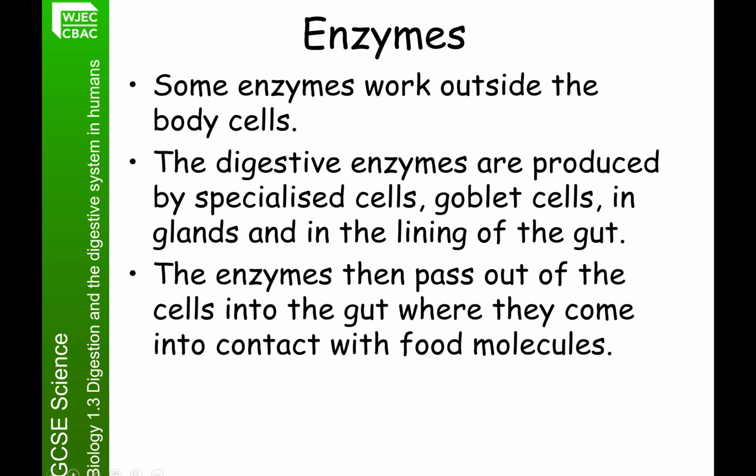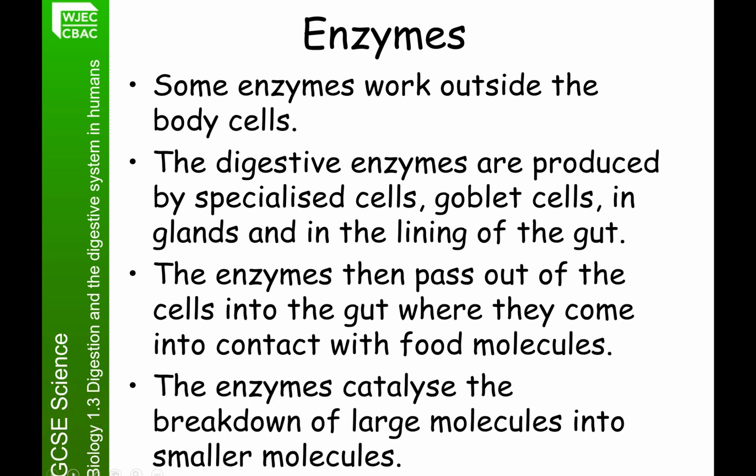So this digestion that is occurring, taking those big insoluble molecules that can't get through into your bloodstream, breaking them down into smaller molecules that can, is carried out by enzymes. So the enzymes catalyze the breakdown of those large molecules into smaller molecules. Next lesson, we're going to have a look at some of these different enzymes that are able to take these molecules and break them down.